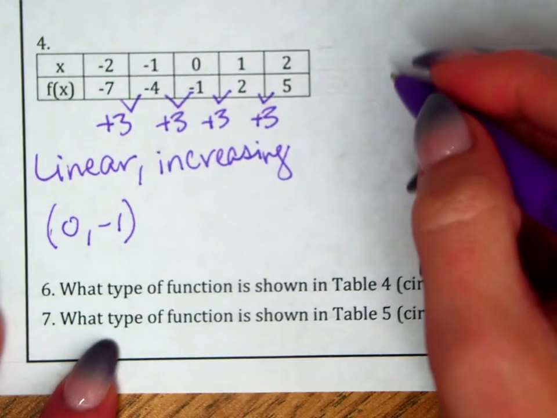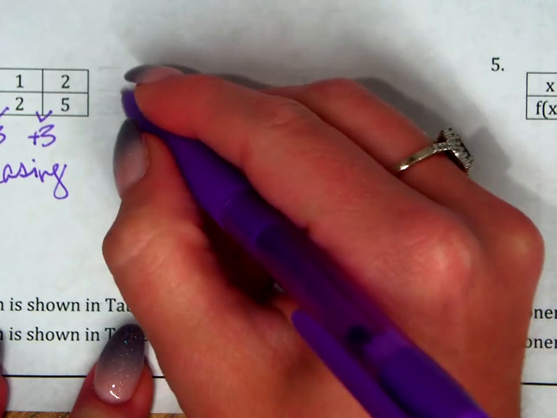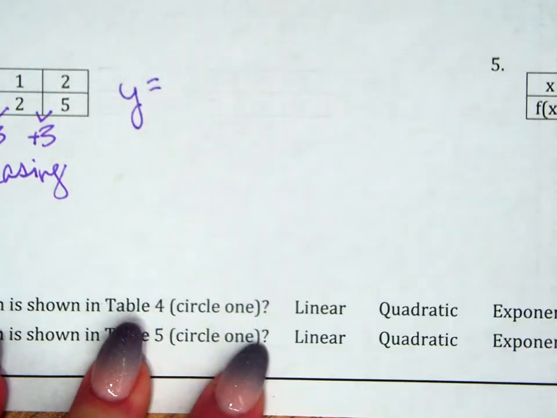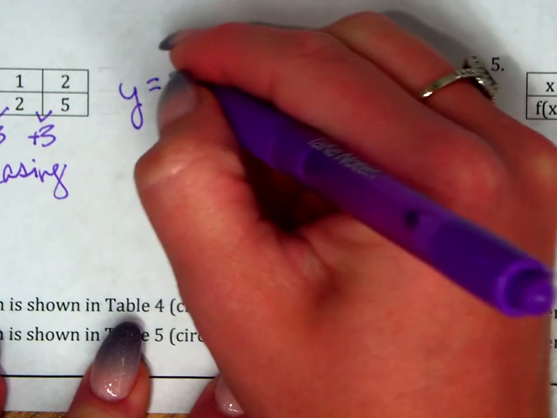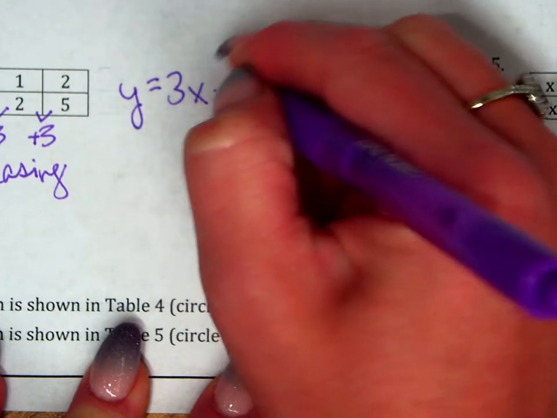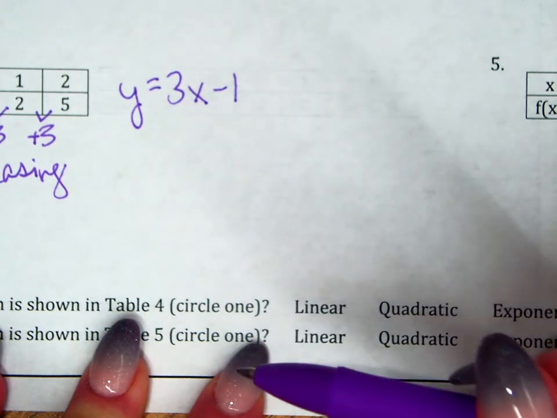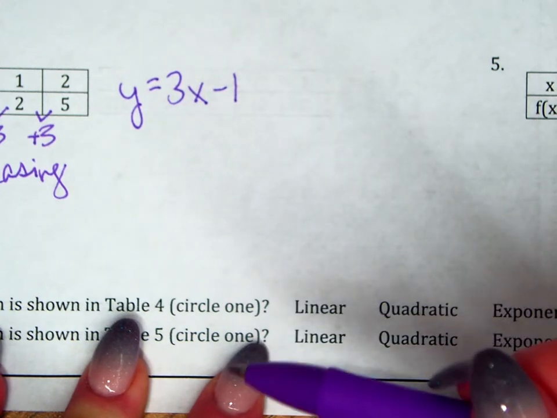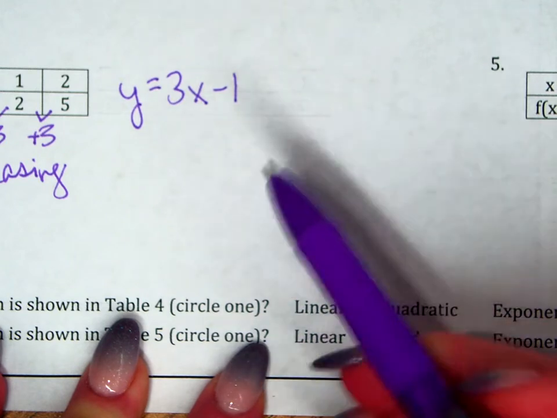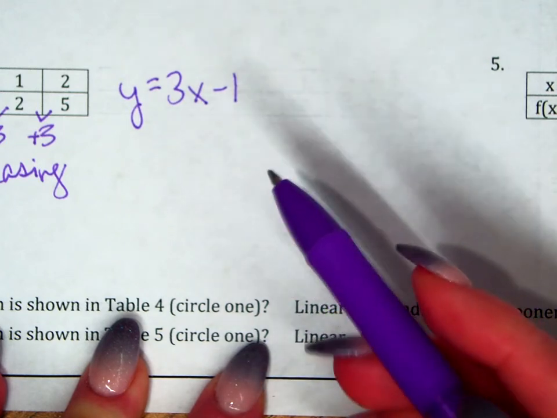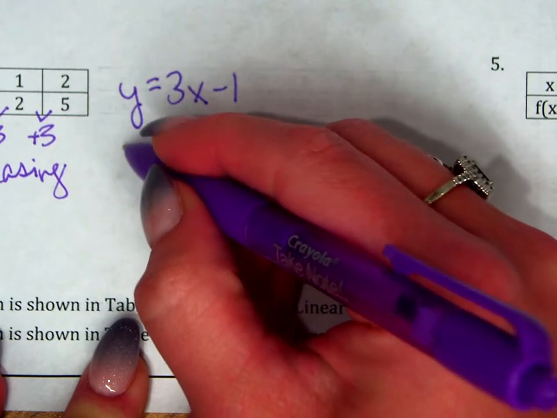Using this information, I can actually write the equation of my graph. So y is going to equal 3x minus 1. So I'm going to set this equal to 0.